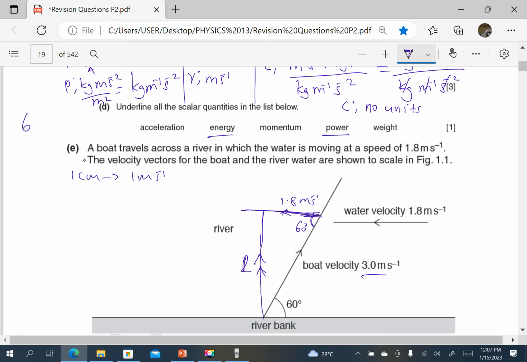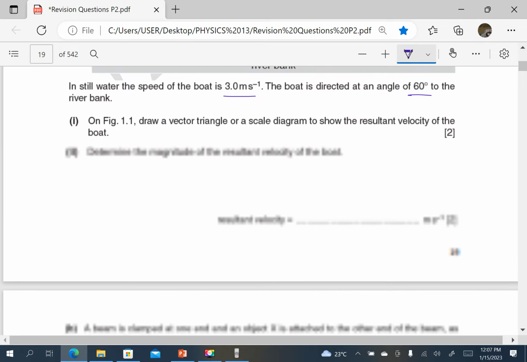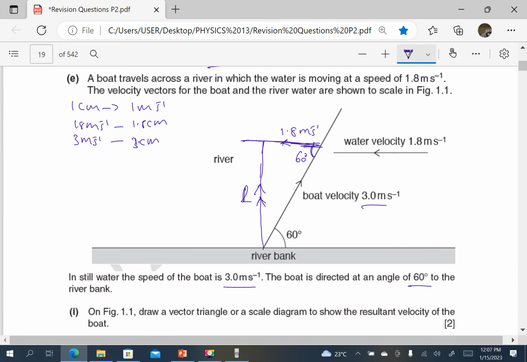So for 1.8 meters per second, I will measure 1.8 centimeters. For 3 meters per second, I will measure 3 centimeters. So let me try to sketch this, although I don't have enough space. So this is another method, which is drawing to scale.